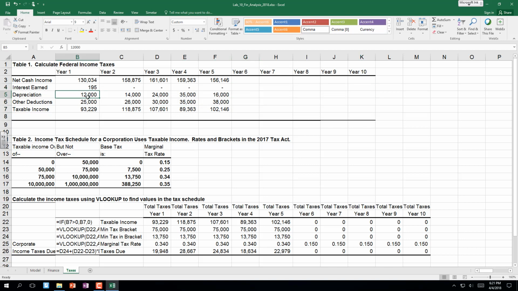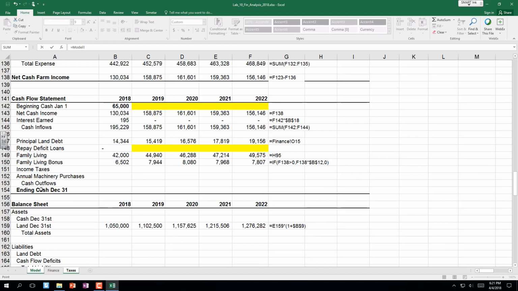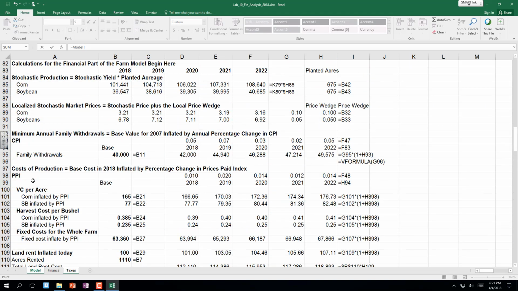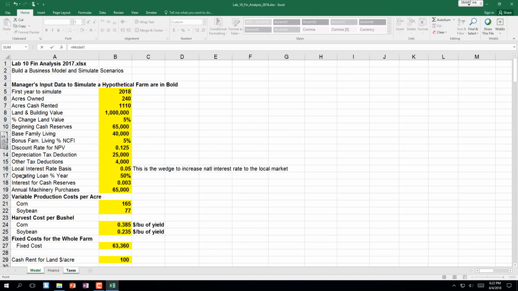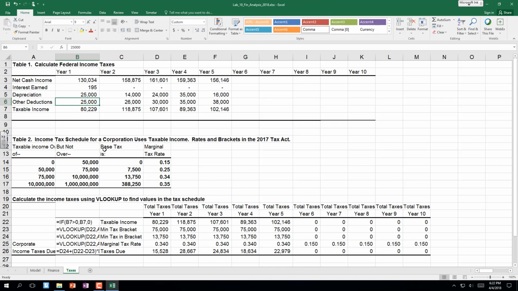Depreciation and other deductions. Okay, in the input data, over here, way up the top, I gave you some income tax deductions. There's depreciation in B14 and other tax deduction in B15. So I'm going to click on just the depreciation and I'm going to drag that down for B15 so I've got that.